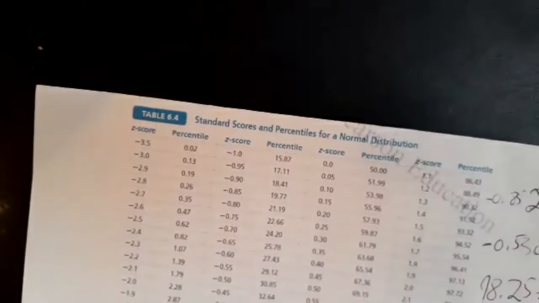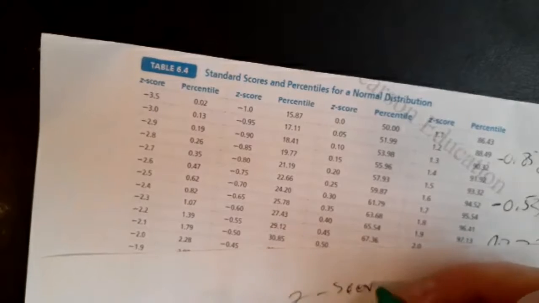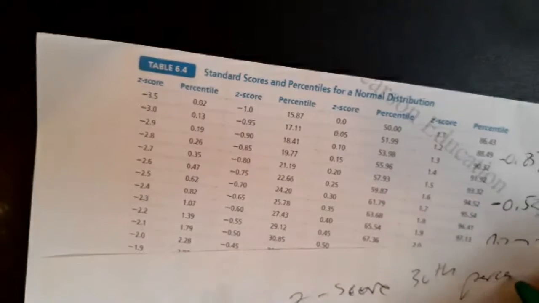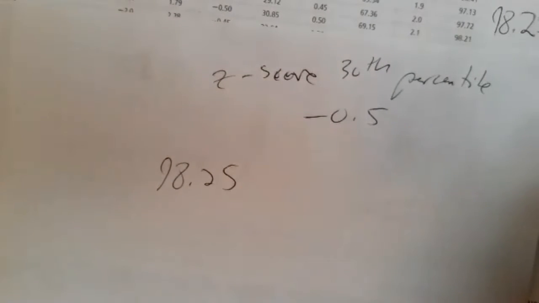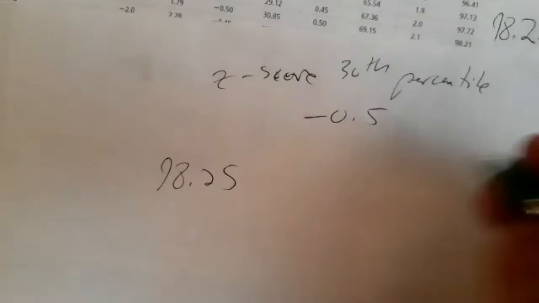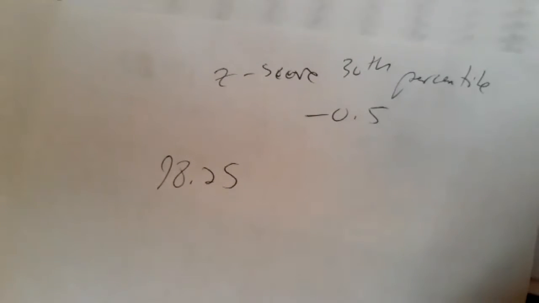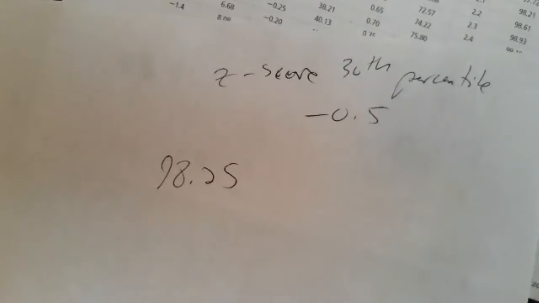I'm running out of room here. The z-score for the 30th percentile, I'm getting from the table. That's going to be negative 0.5. If I have a mean of 98.25 and a standard deviation of 0.73, shoot, I missed the thing again.